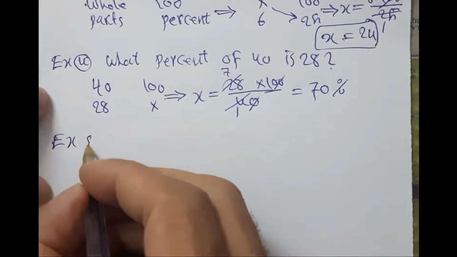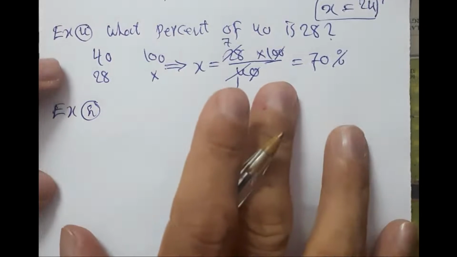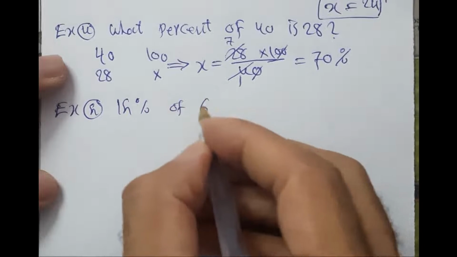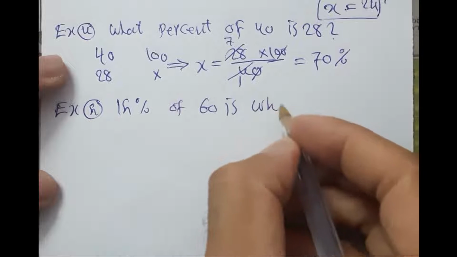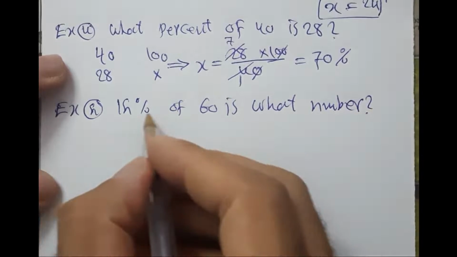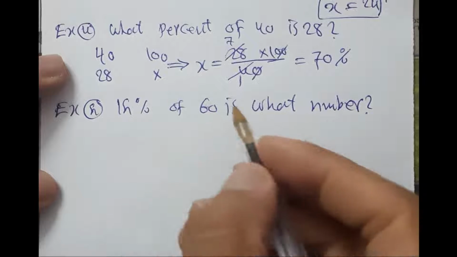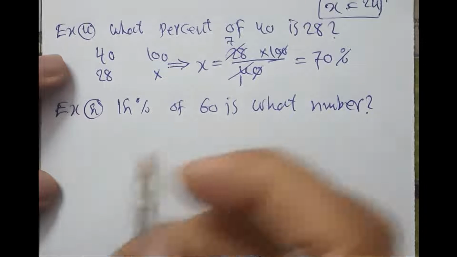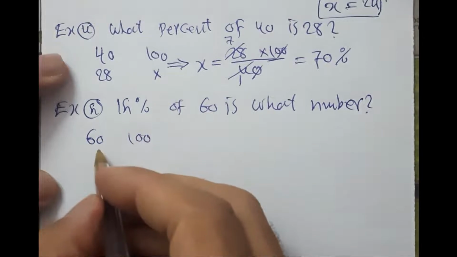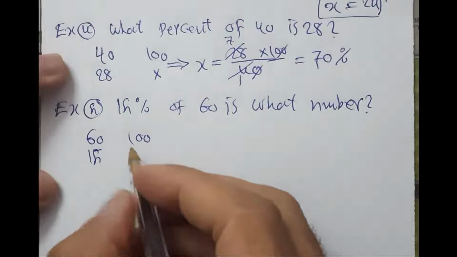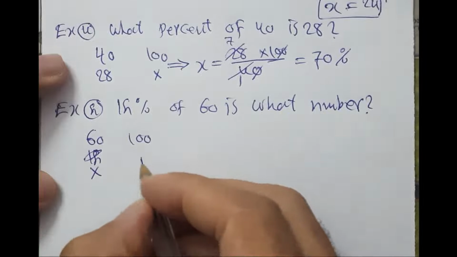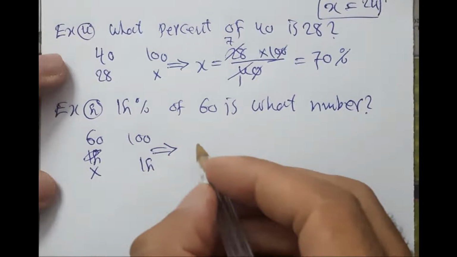Example 5. 15% of 60 is what number? Now we want to find 15% of 60. Here 60 is a whole number. Parts is unknown. Percentage is 15.